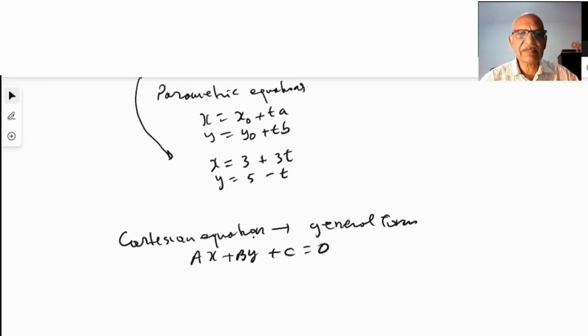In this case now, in vectors, c is always a constant, and (a, b) is called the normal.